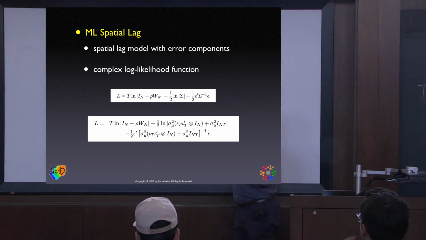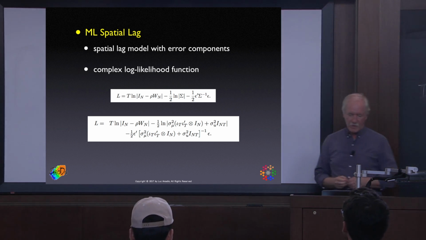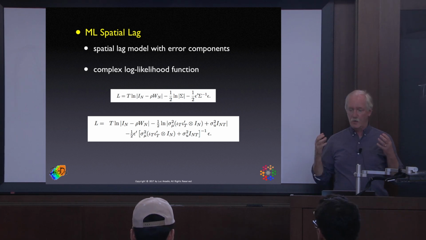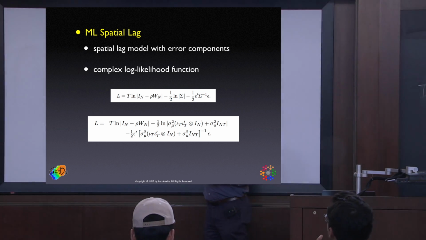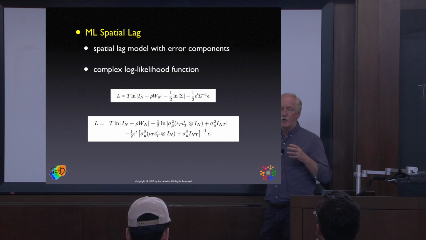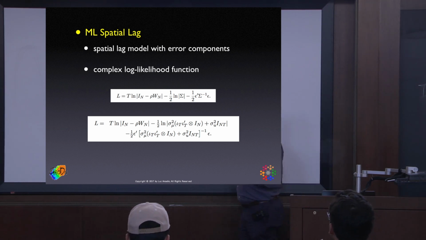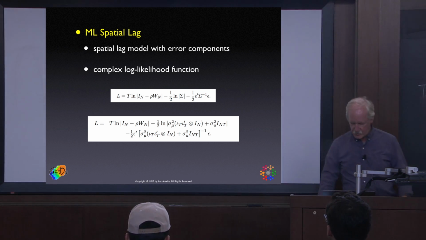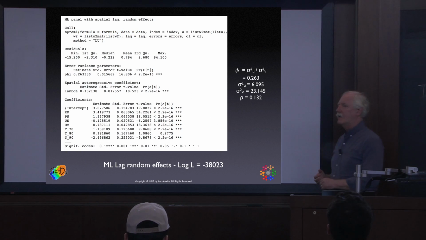So we plug that in here for the determinant, plug it in here for the inverse. And that is the standard case. So the spatial lag part is encompassed in the Jacobian term, and the error components part is encompassed in these specialized variance matrices. And then we can just throw that into a likelihood process.